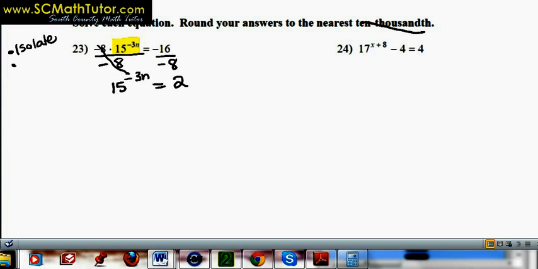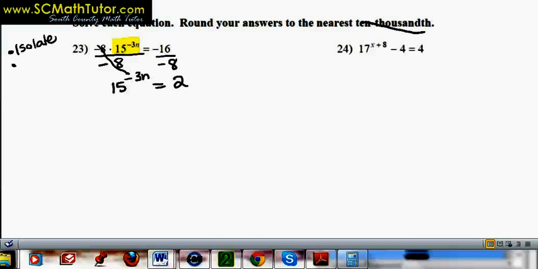Now this is weird because normally you want to get the same base, but there's no way 15 and 2 will be the same, unless you know in your head some decimal exponent to break 15 down to 2 to the something power. That's difficult. So now you want to use the rule of expanding exponents: you bring the exponent down and make it a coefficient.